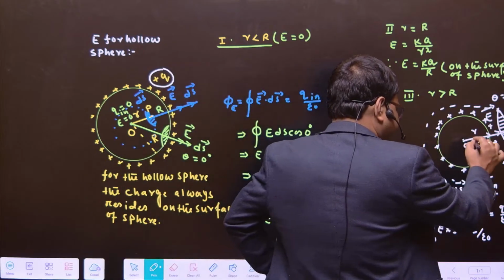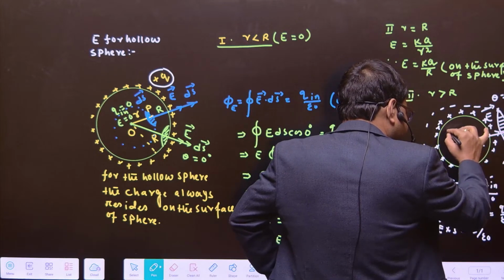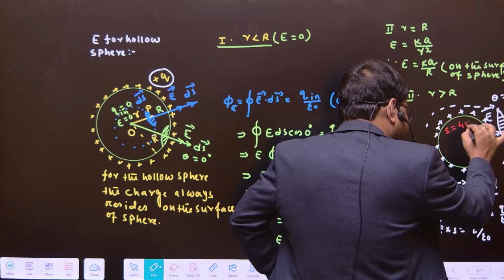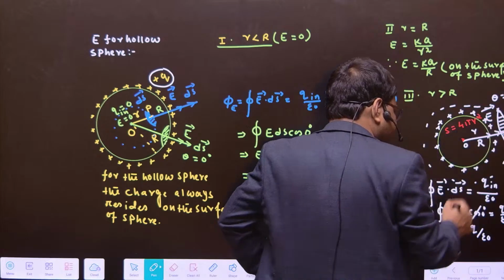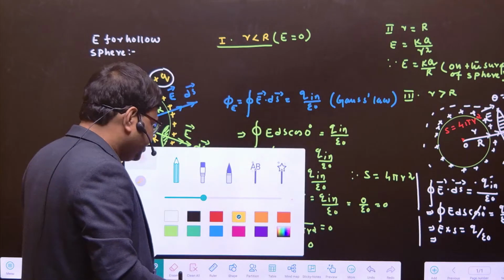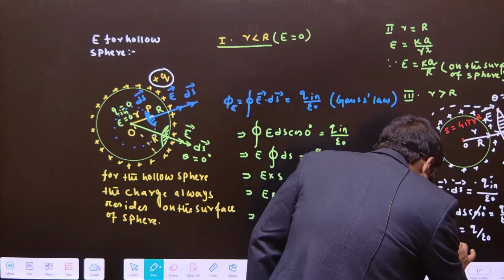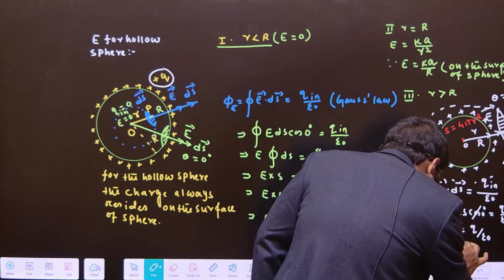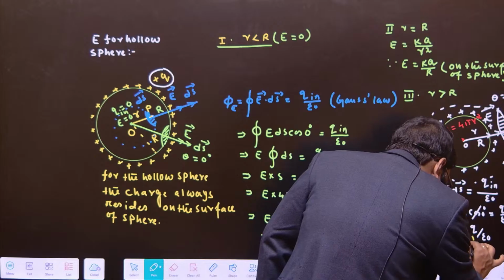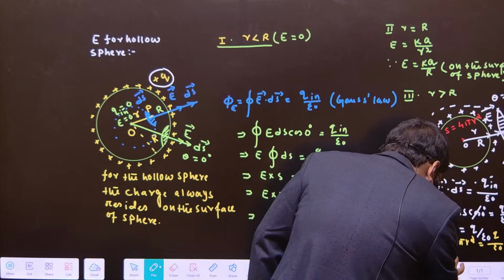Taking this distance r for a spherical surface, area S is equal to 4 pi r square. Then instead of S, E into 4 pi r square is equal to Q divided by epsilon naught.